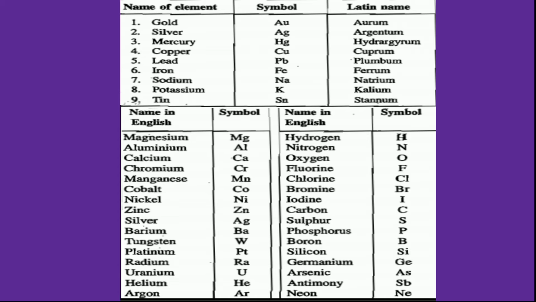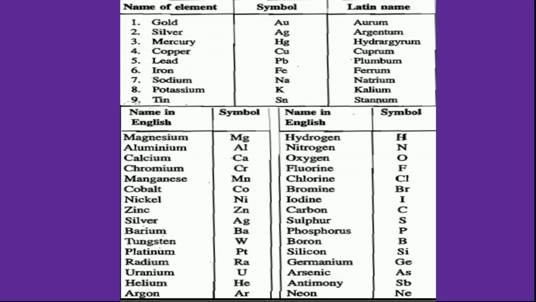Then for the usual English names, that is magnesium, Mg, aluminium, Al, calcium, Ca, chromium, Cr, manganese, Mn, cobalt, Co, nickel, Ni, zinc, Zn, silver, Ag, barium, Ba, tungsten, W. Then platinum, Pt, radium, Ra, uranium, U, helium, He, argon, Ar.